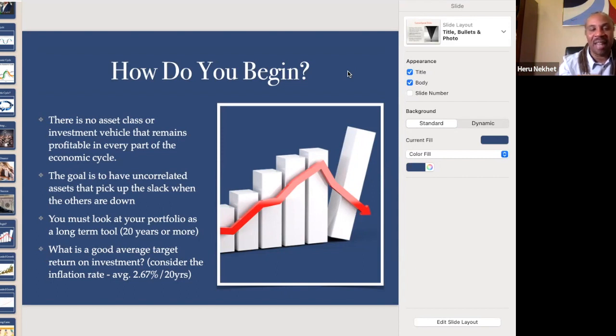So if your money's in the average savings account and the inflation rate's been 2.67 over the last 20 years, you know you've been losing money for the last 20 years. So when we think of a good target average return on investment, we know we have to beat 2.67.